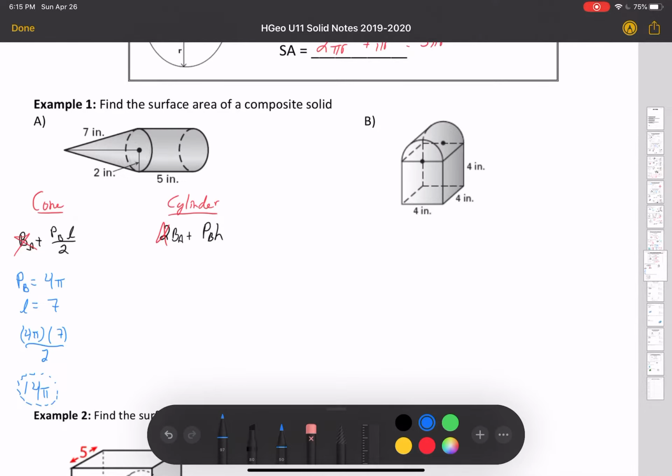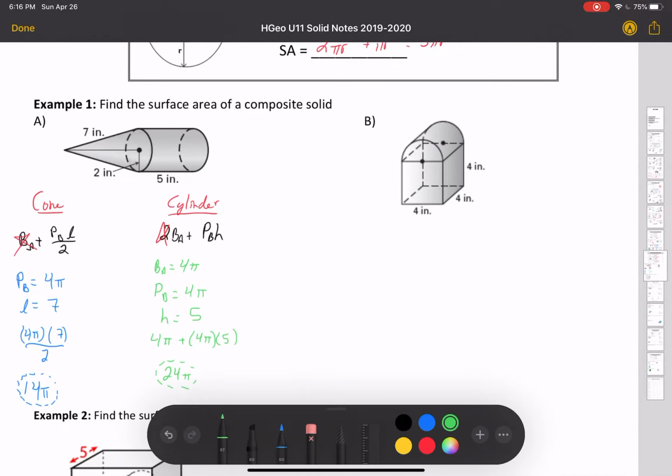Okay. For the cylinder, area of the base, pi r squared, which is 4 pi. Perimeter of the base is 4 pi, and the height of the cylinder is 5. So when I set this up, I get 4 pi plus perimeter of the base, 4 pi times the height, 5. That's going to give me 24 pi.